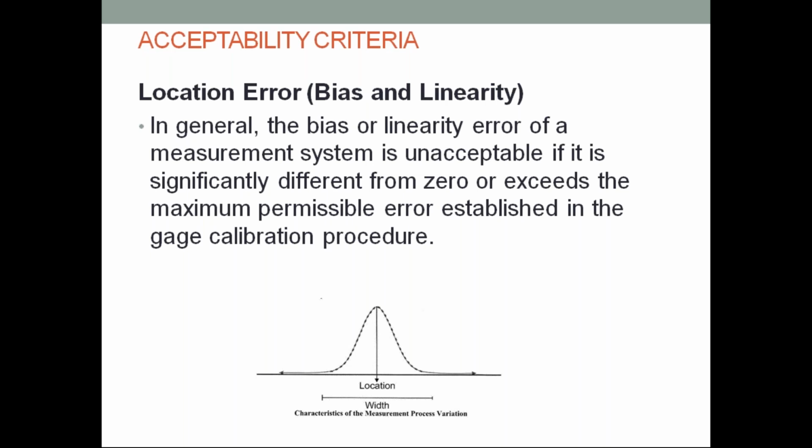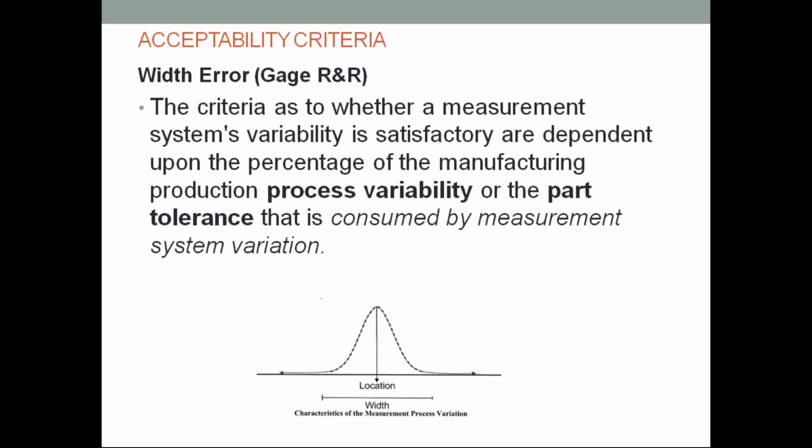So if you have gauge blocks and you're using those as the standard and the measurement gives you within its resolution 1 or 2 data points, and that's what you say is acceptable, and that much variation will allow you to pass Gage R&R, then that is what you're going to use, and that's all part of your calibration records. Then you have to take a look at the width error.